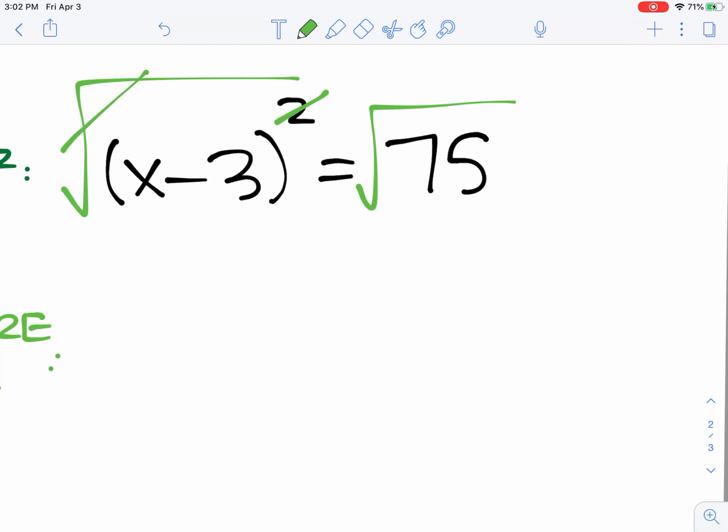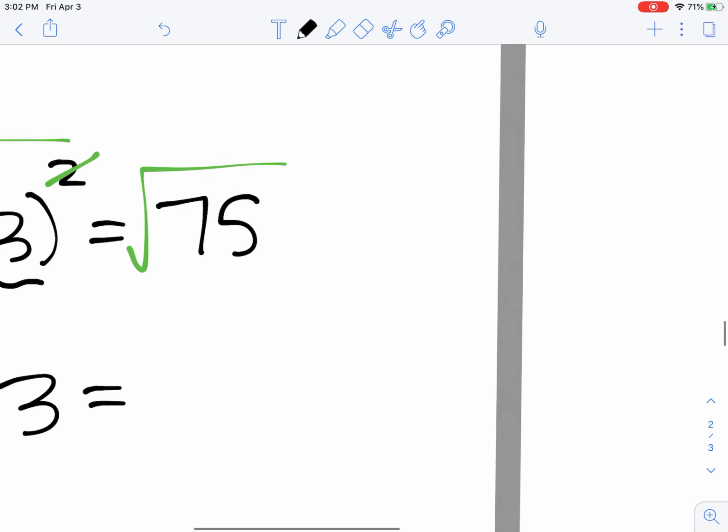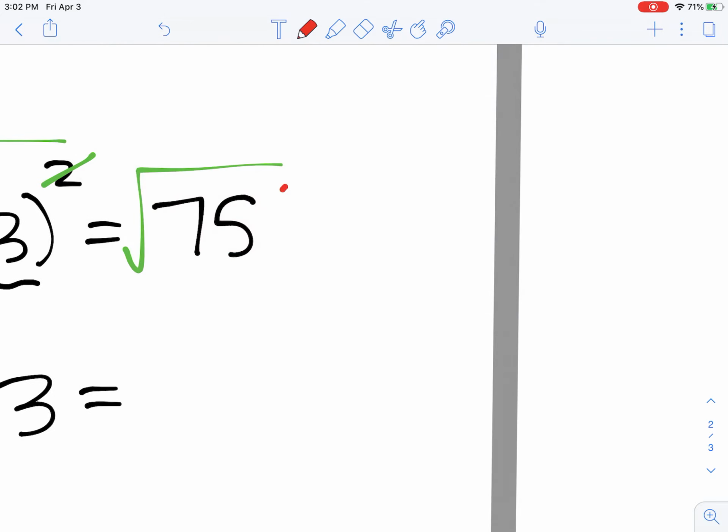All right, so when we square root this, again, it neutralizes that squared. However, this one has a little bit extra left. So this x minus 3 is what remains. For those of you that want to simplify this 75, I'm going to do this over here to the side. The square root of 75 simplifies to the square root of 25 times 3, which is 5 radical 3.